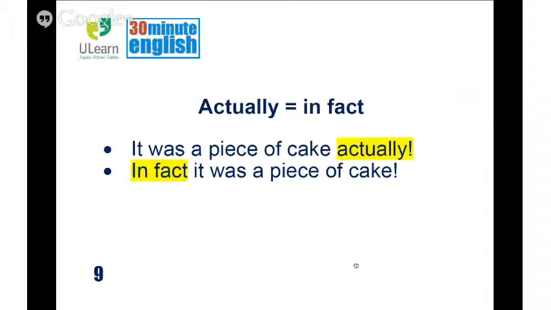It means in fact. Okay, so it was a piece of cake actually. In fact, it was a piece of cake. You could put it at the end also, like actually. You could say it was a piece of cake, in fact. Normally we use it at the start of a sentence. Okay, so be careful with that. Actually, it doesn't mean now, it means in fact.